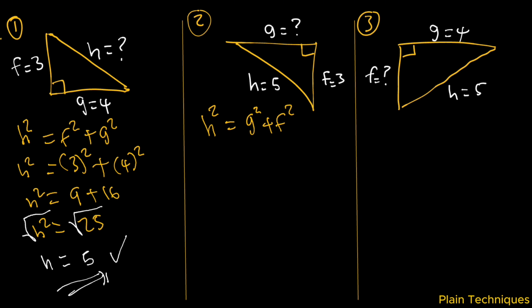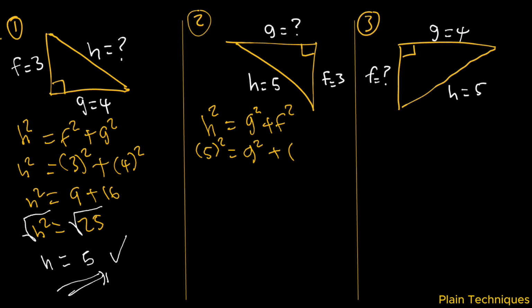Now, what do we know? We know that h is 5, so I'm going to put 5 in place of h. I don't have g, so I'm going to leave it like that. And what do I have?